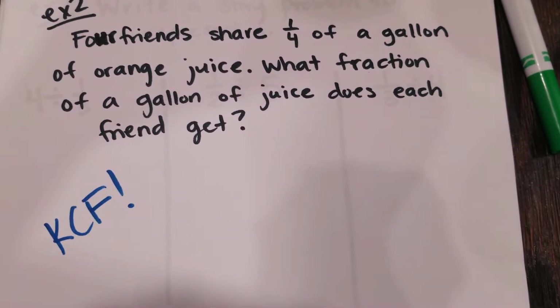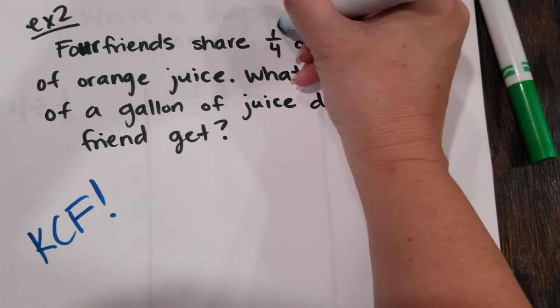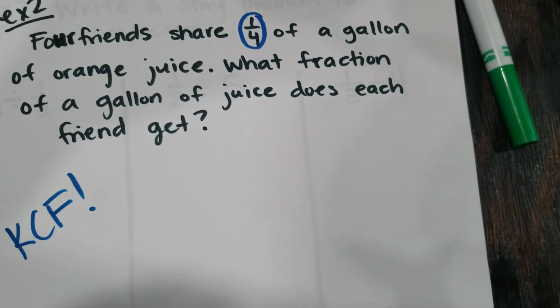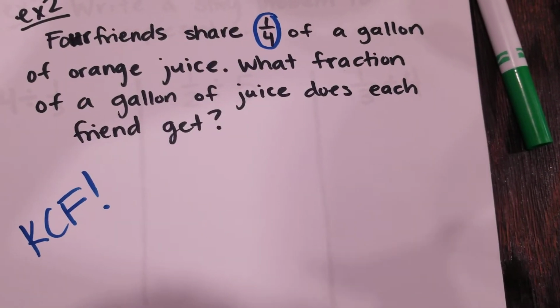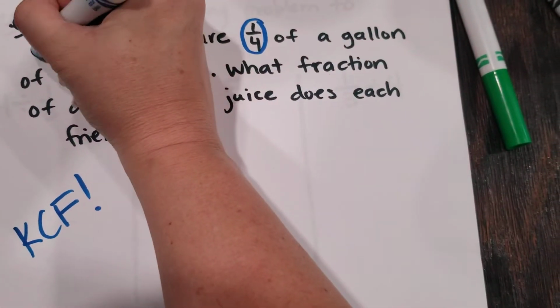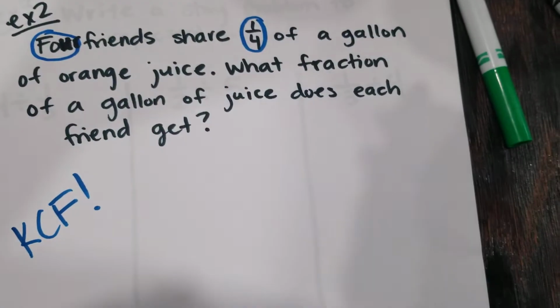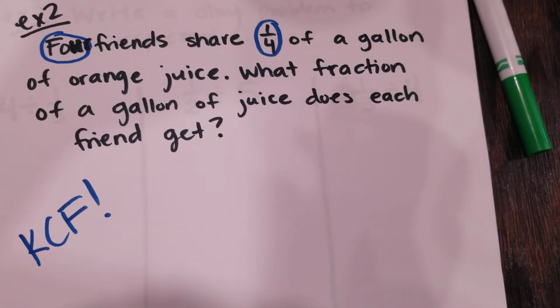Okay, it's a word problem, so we want to circle our numbers. I see a number right here. And then my other number is hidden. It's actually the number that I had to fix at the very beginning. So 4. 4 is a number written in word form, but it is a number. There's our other number. Underline the question.